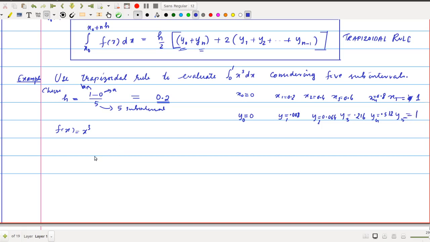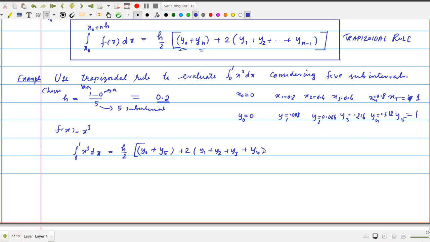Now we use the formula for the integral from 0 to 1 of x cube dx. We write this as h by 2 times (y0 plus y5), the first and last values, that is y0 plus yn, plus 2 times the sum of the other values, that is y1, y2, y3 and y4.